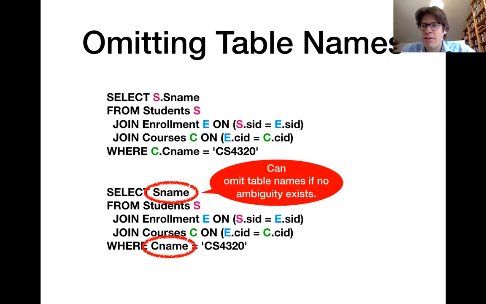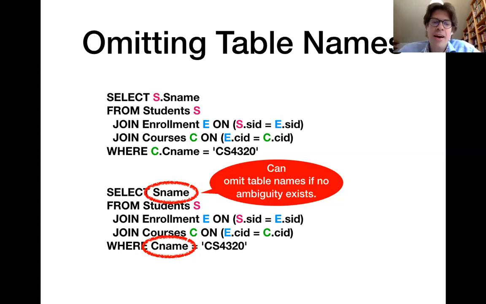And you can even simplify further if column names are unique among the tables that you use in your from clause. So for instance, the student name and the course name columns. The student name column only appears in the students table, and the course name column only appears in the courses table. So if you just write the name of the column, then the database management system should be able to infer the associated table automatically because there's no ambiguity.